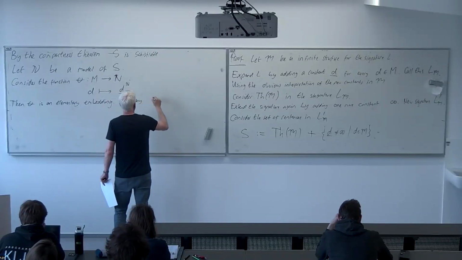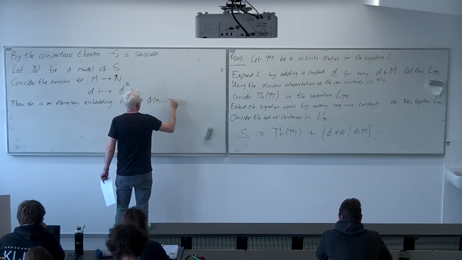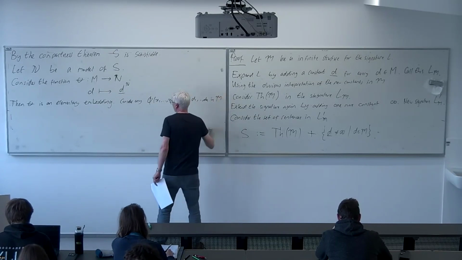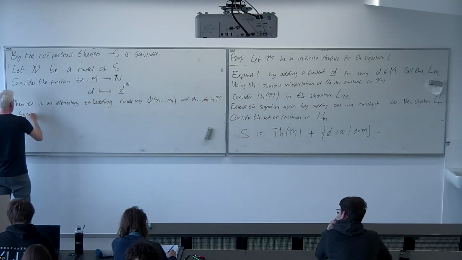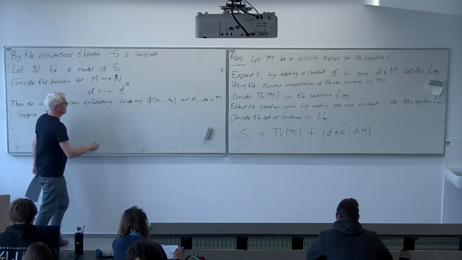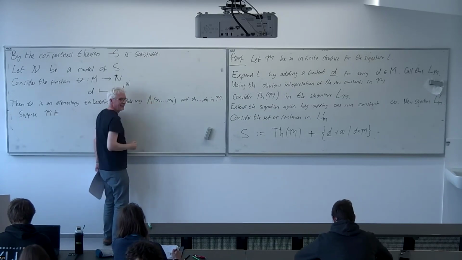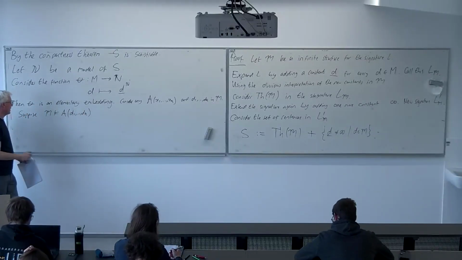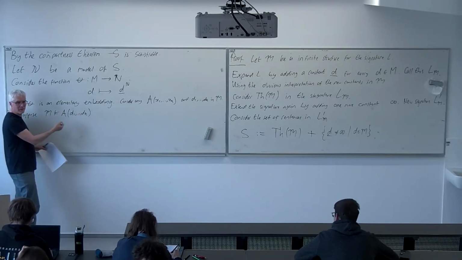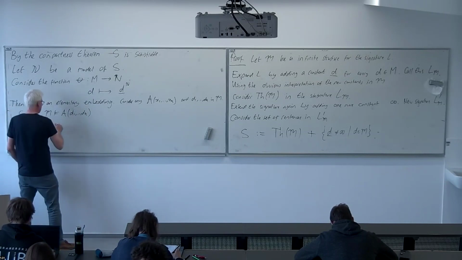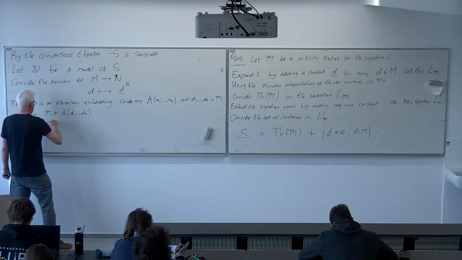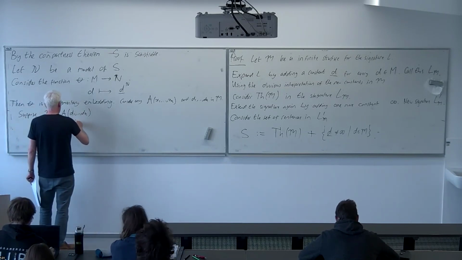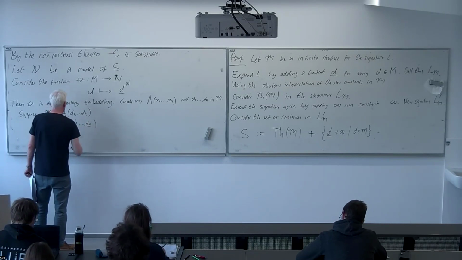Consider any phi in x1 to xk in the original language and d1 to dk in M. Suppose that A, the formula, holds of d1 to dk in M. Well, that means in our M expanded with the constant symbols for d1 to dk, which we were again calling M, as I said, this was to avoid too much notation, because the constant symbols were interpreted as the elements, that holds.